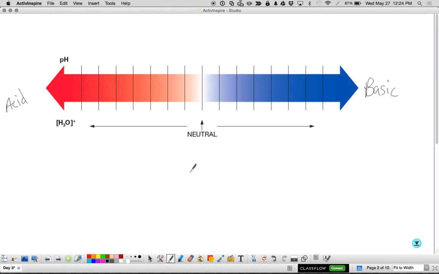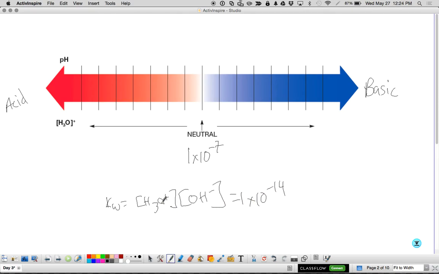Okay, well hopefully you remember that for a neutral solution, concentration of H3O+ is 1 times 10 to the minus 7. Okay, and then we have this equation Kw equals concentration of H3O+ times concentration of OH-. And we know that this value is always 1 times 10 to the minus 14.